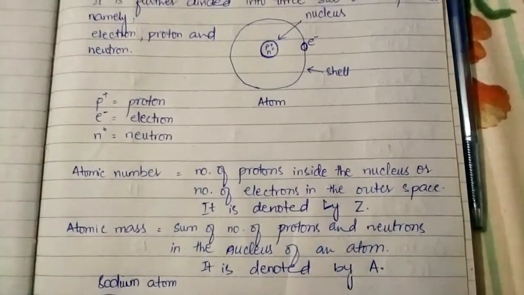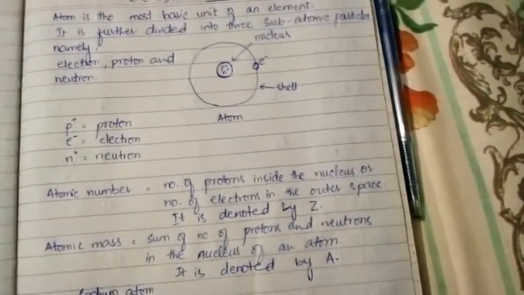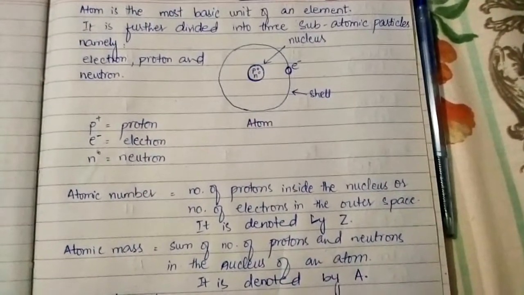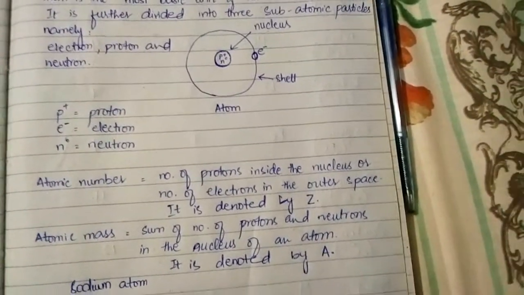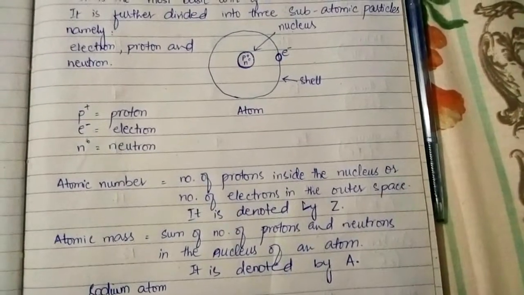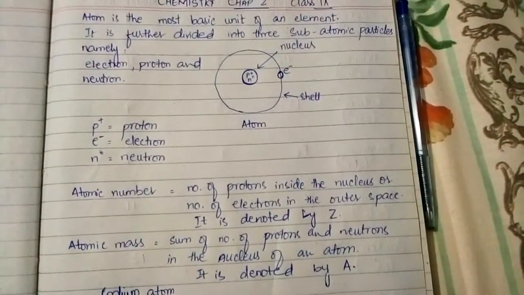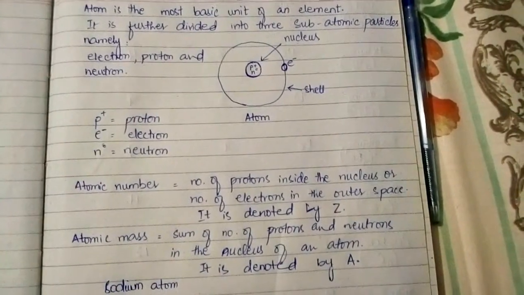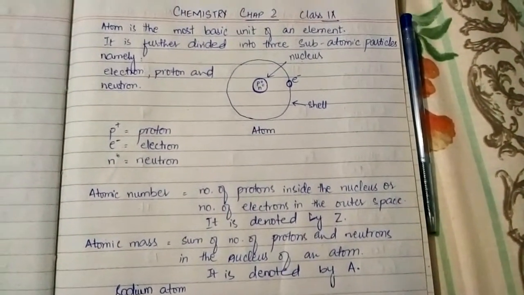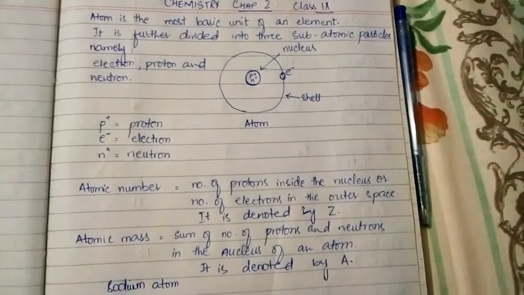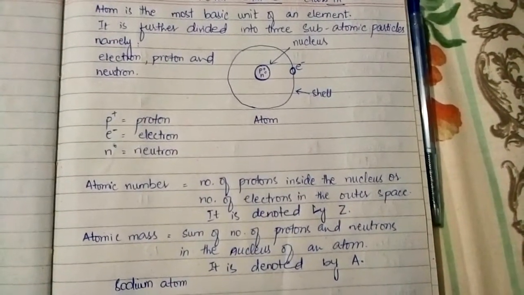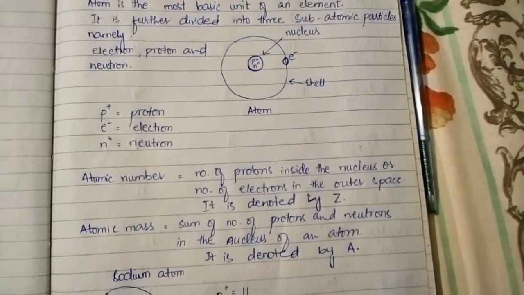For example, हाइड्रोजन में एक प्रोटॉन और एक इलेक्ट्रॉन होते हैं. The atomic number of hydrogen would be 1. Similarly, the number of protons in a sodium atom are 11. Therefore, the atomic number of sodium is 11. So, the number of protons inside the nucleus is the atomic number.